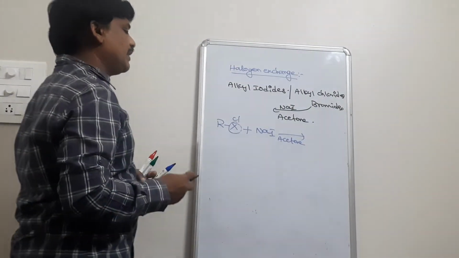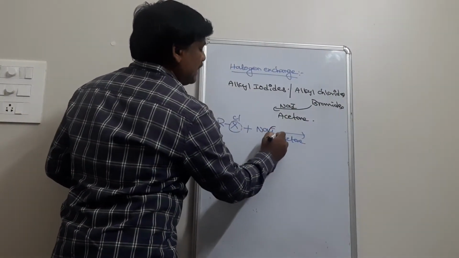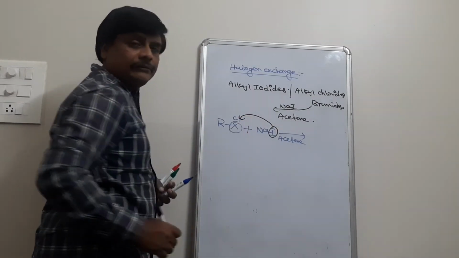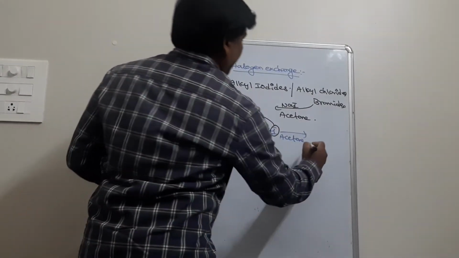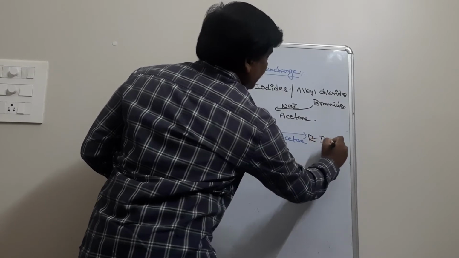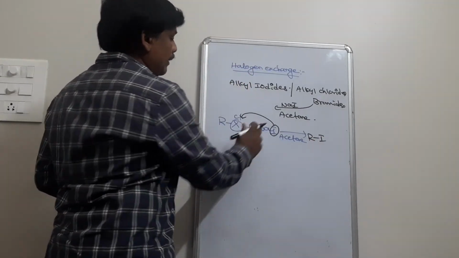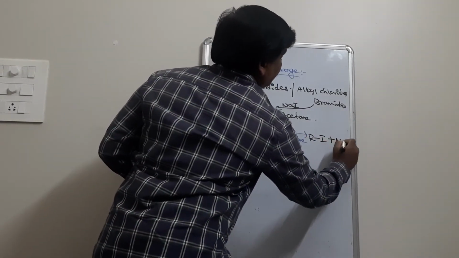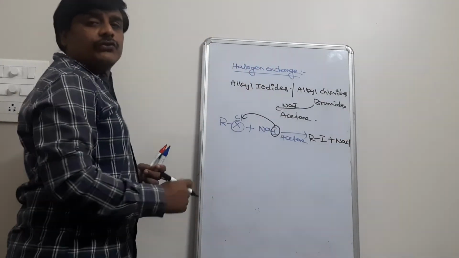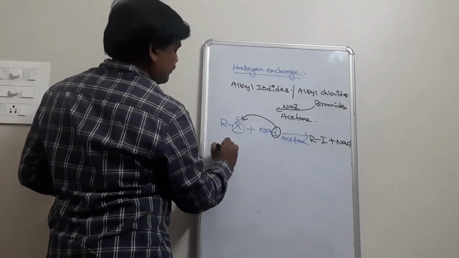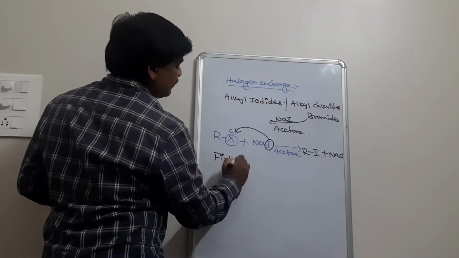What is happening? The iodine exchanges with chlorine, so we get RI, that is alkyl iodide, plus NaCl. This reaction is known as the Finkelstein reaction.